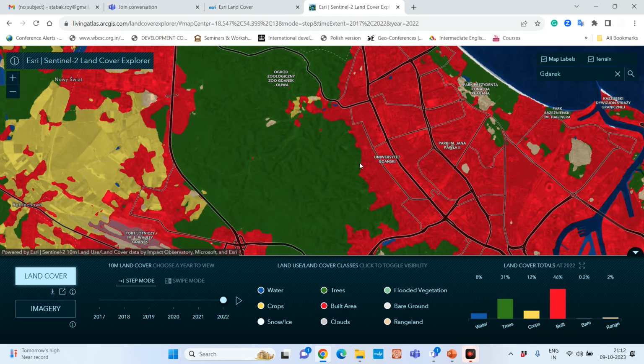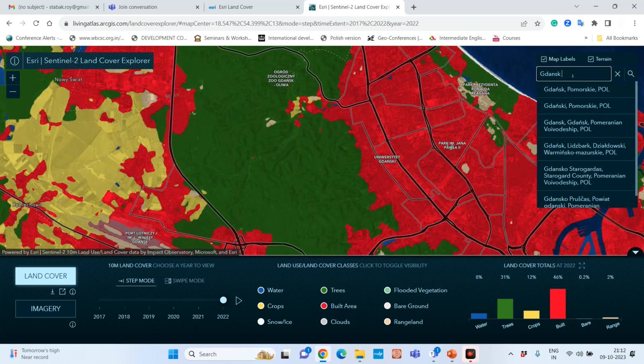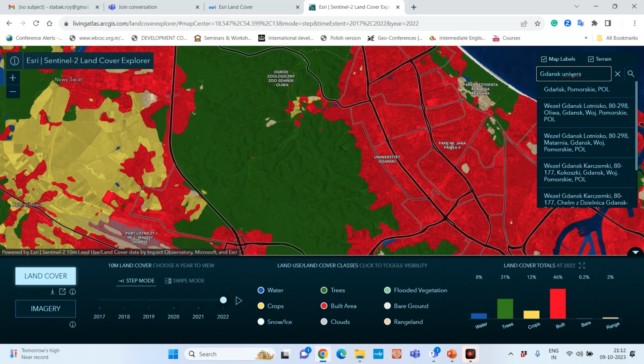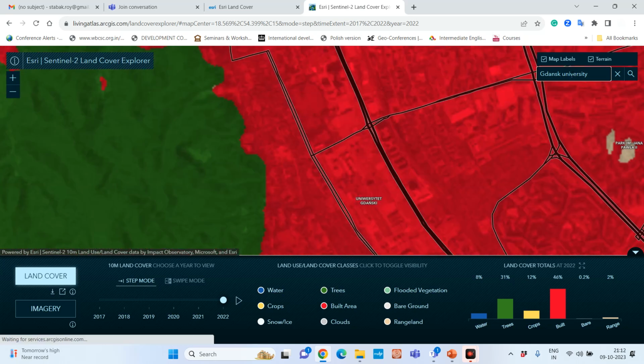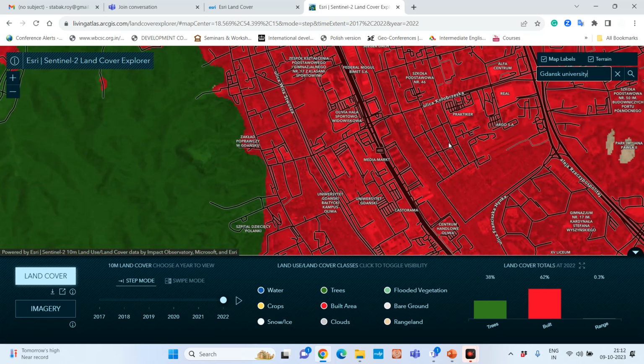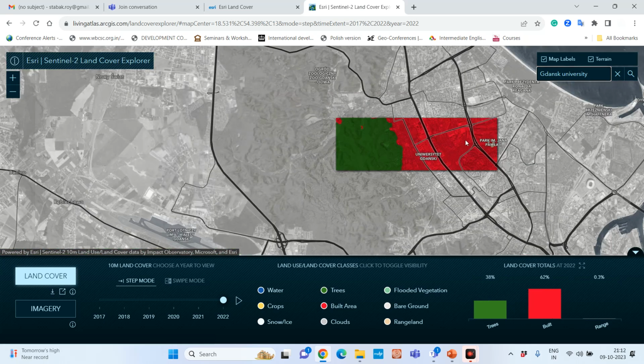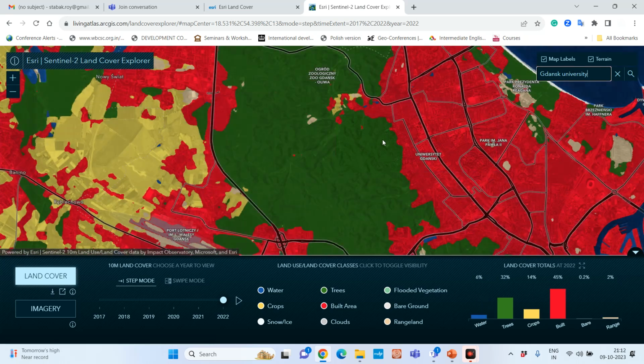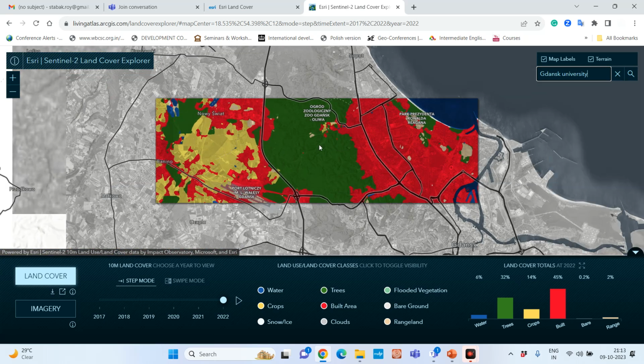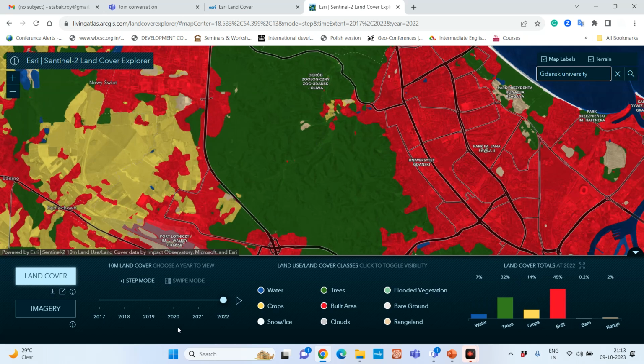Suppose we are in Gideon's university. If we go to the university area, it gives you a better view. Just outside of our building or our campus, there is a forest area, just on your left side of the bus stop. So you can get some idea of what percentage of forest area is in this region.